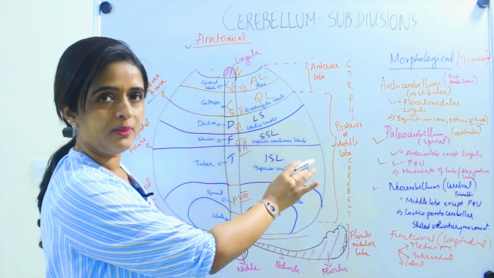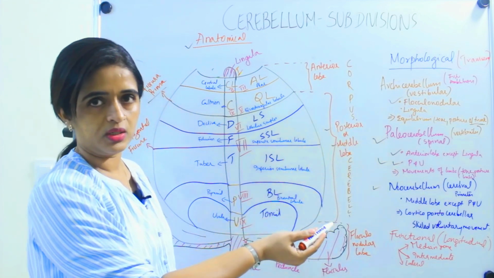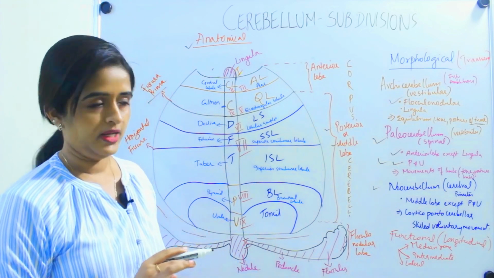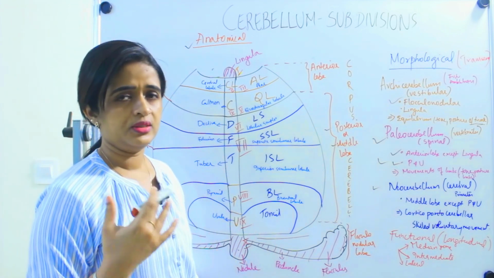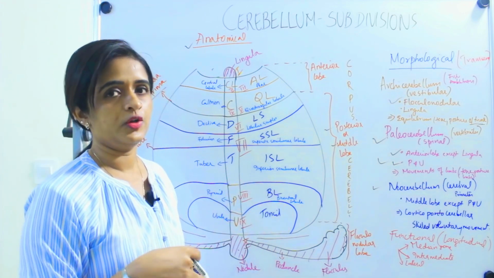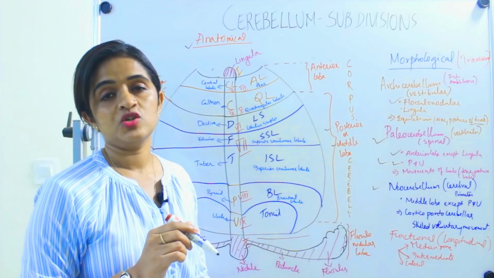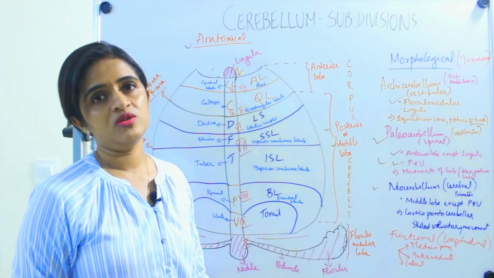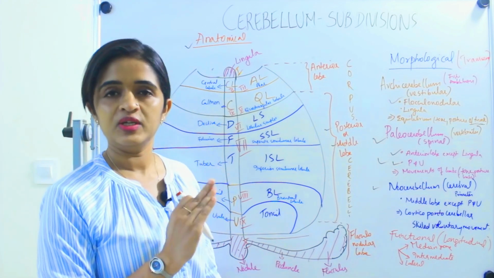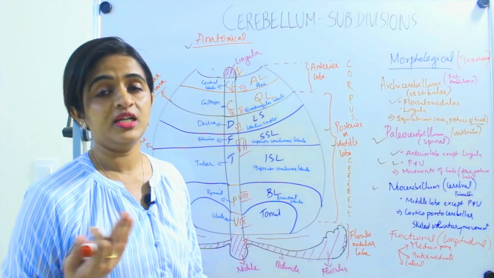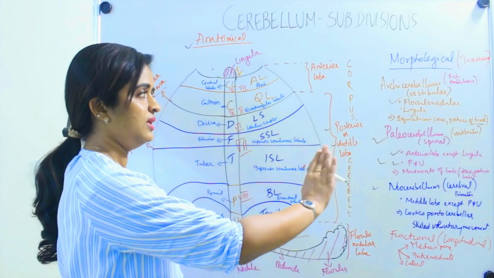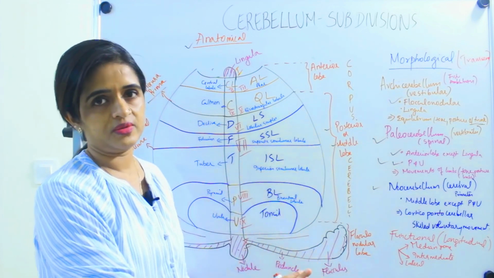So the entire middle lobe, otherwise known as the posterior lobe, except the pyramid and uvula, belongs to the neocerebellum. Since it is the cerebrocerebellum, it has connections with the cerebral cortex through cortico-pontocerebellar fibers, and it controls the skilled voluntary movements of muscle groups. That is the function of the neocerebellum, and it is usually seen in highly evolved primates. So that's about the morphological classification, and we can see that it is again a transverse sort of classification.